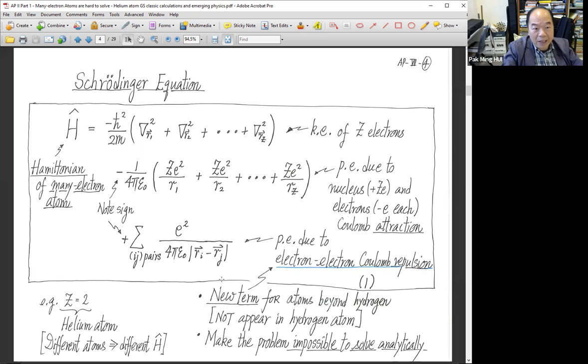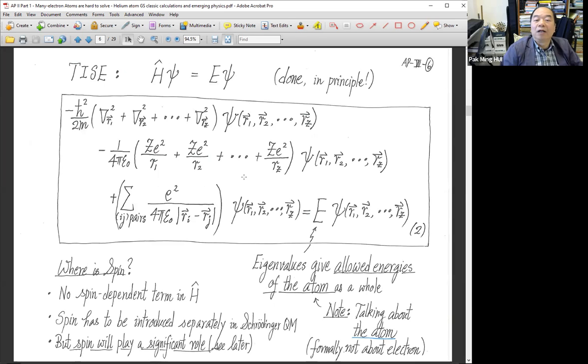Right? Therefore, let me show you the Schrödinger equation and then I will stop. So the Schrödinger equation will be the Hamiltonian times psi equal the allowed energy for the atom times the wave function.